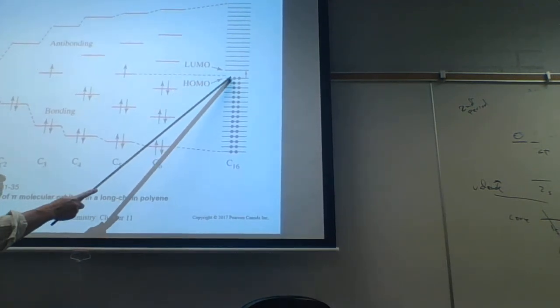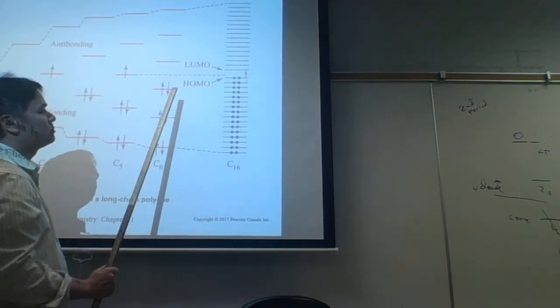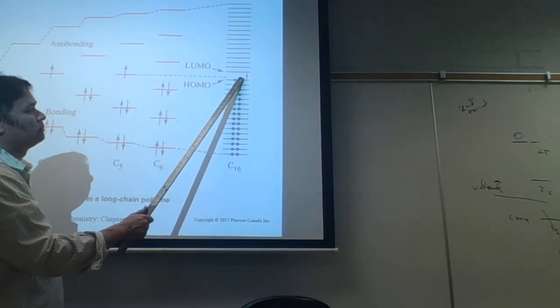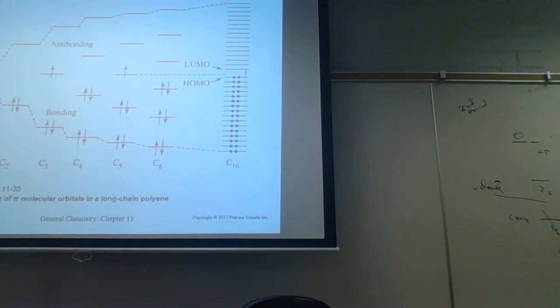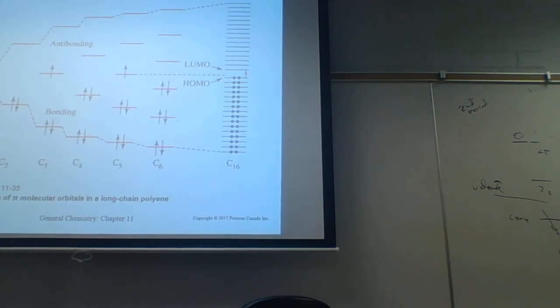And there's an energy gap there. And so we can promote an electron. Oftentimes promoting an electron here, especially if we have a lot of MOs like this, is small, in the visible range. And so a lot of these things are colored, like beta carotene. Beta carotene has color to it. And so here's the MO energy level diagram as we add additional carbons. We have 16 carbons in that structure.